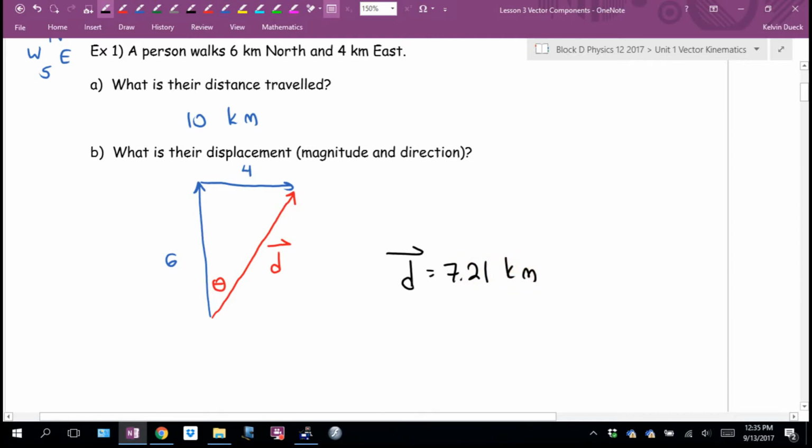Units, kilometers. Direction. That 4, opposite, adjacent, or hypotenuse? Opposite. What about that 6? I figured it was going to be tan because I'm not finding a hypotenuse, and it's usually tan when I do that. Tan theta is going to be opposite over adjacent.